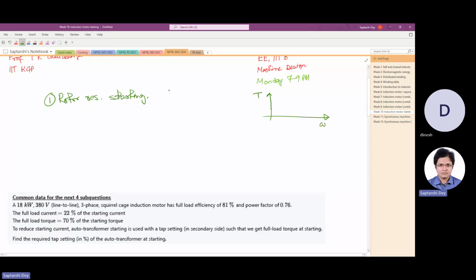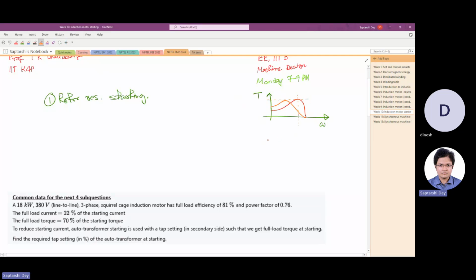If this is the torque speed characteristic, the natural characteristic, and then you add rotor resistance, the peak torque remains the same, but the slip at which the peak torque happens increases. So the peak torque happens at lower and lower speed.